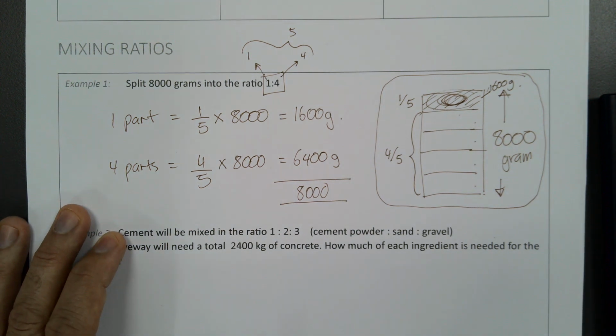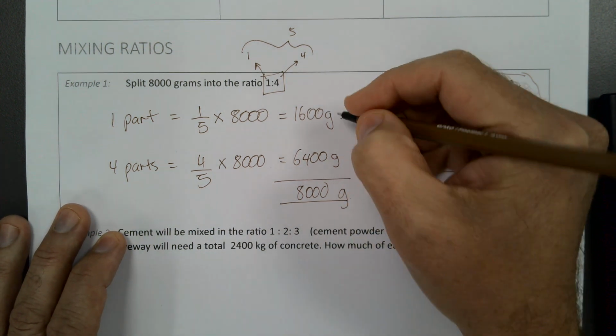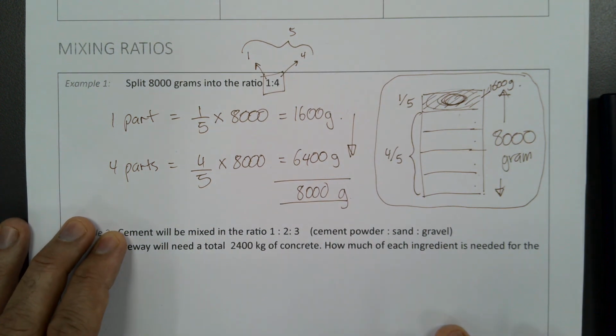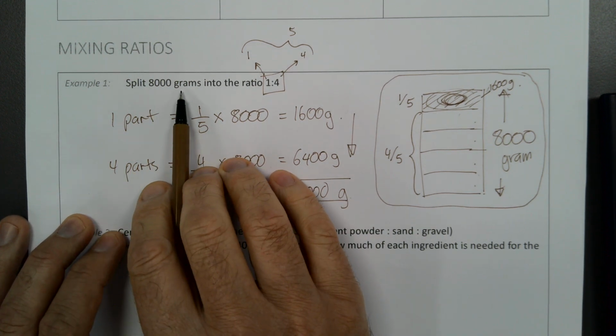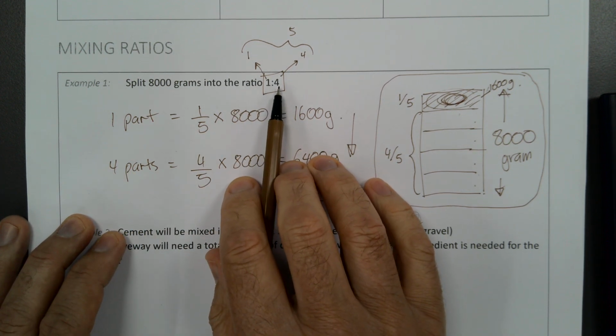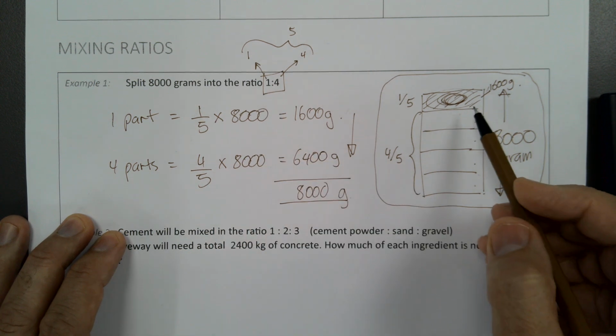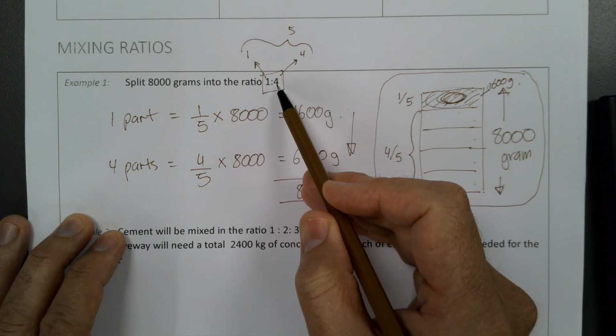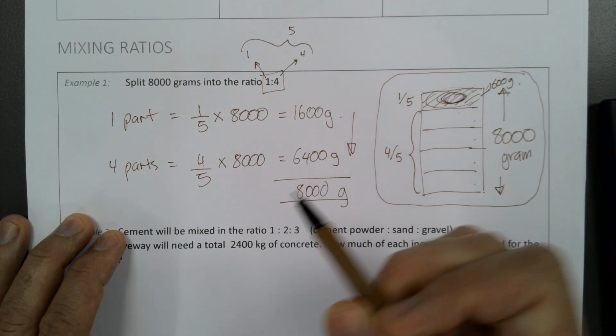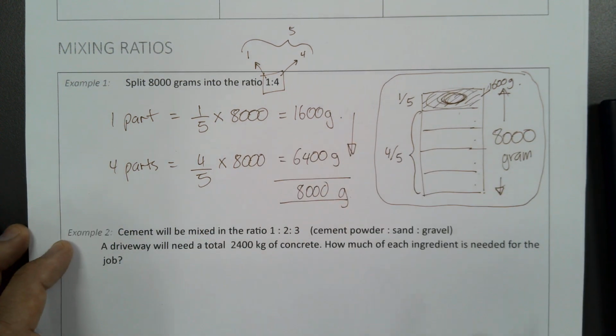When you add it up in that direction, you should get 8,000. So that's just splitting one quantity into the ratio 1:4. If it was 1:5, then I would have 6 parts here. If it was 2:9, there'd be 11 parts here. That's how it works.